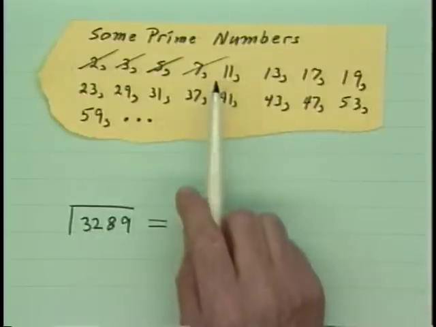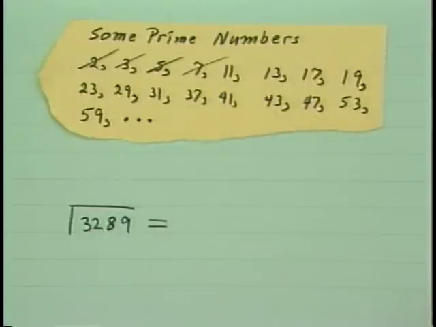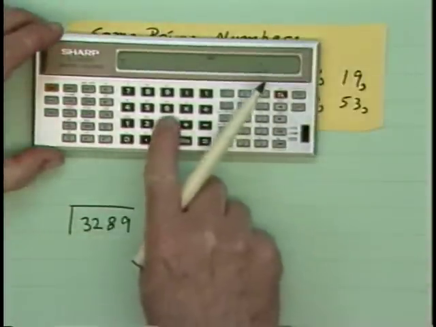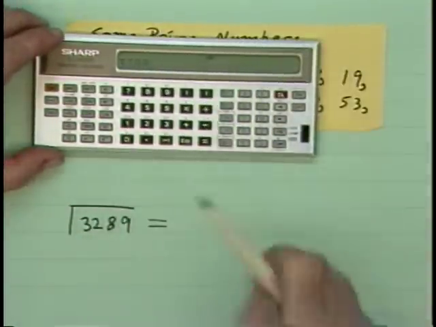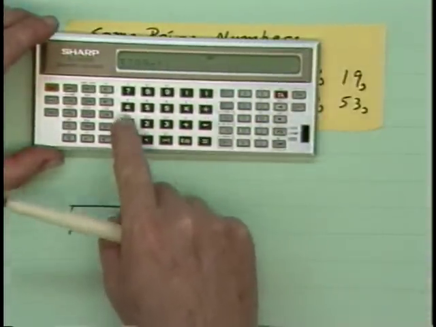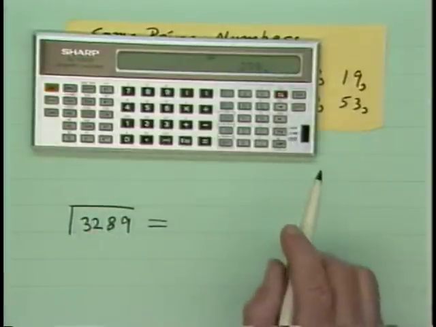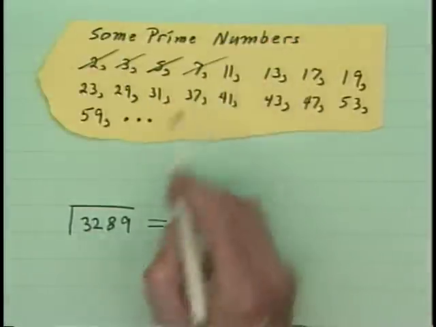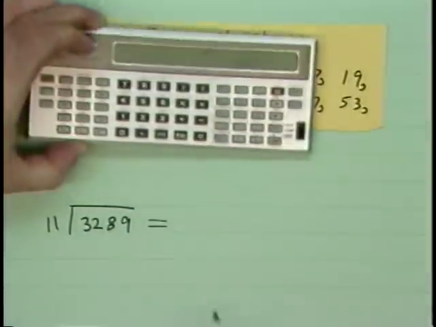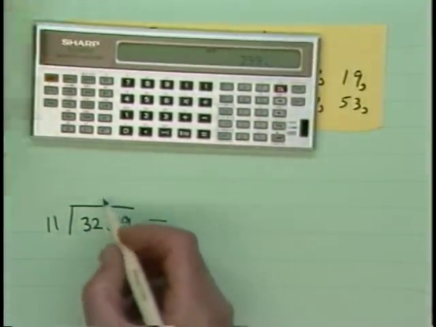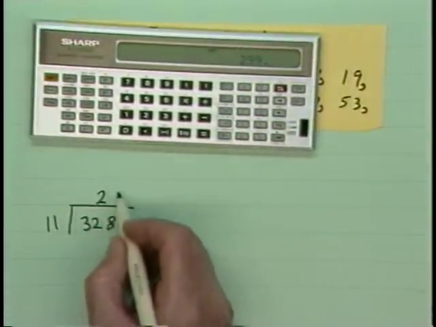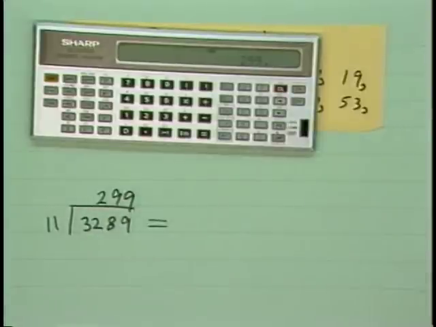So now let's go to 11. So 3289 divided by 11 is 299. So 11 did divide in, didn't it?